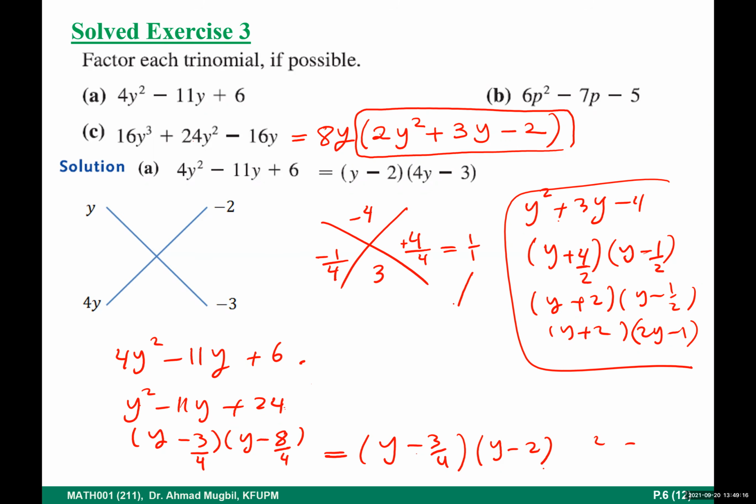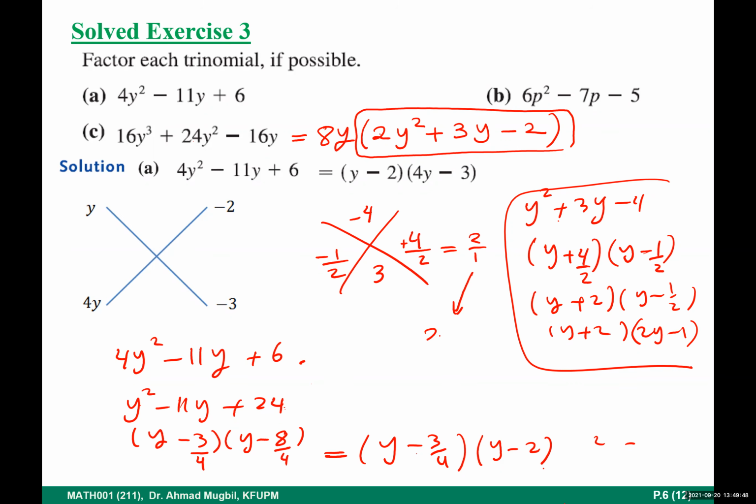So it will be here, from here, y plus 1 multiplied by, here what do you have? 4y minus 1. Is that right? No, we divide by 4. You divide by 2, not by 4. We should divide by 2, not by 4. So this will be 2 over 1. And here it is correct now.